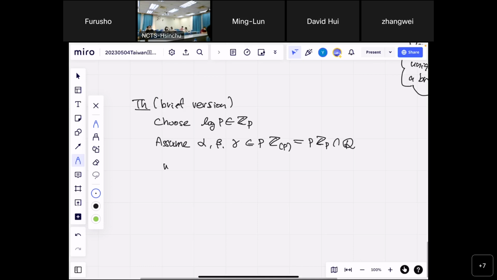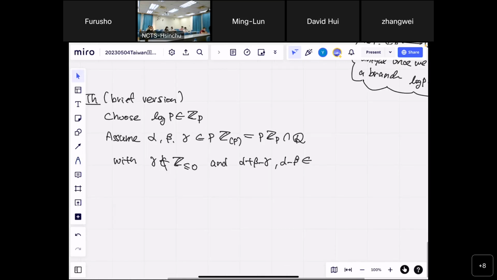And gamma is not a negative integer or zero, and alpha plus beta minus gamma, alpha minus beta are not negative integers either.